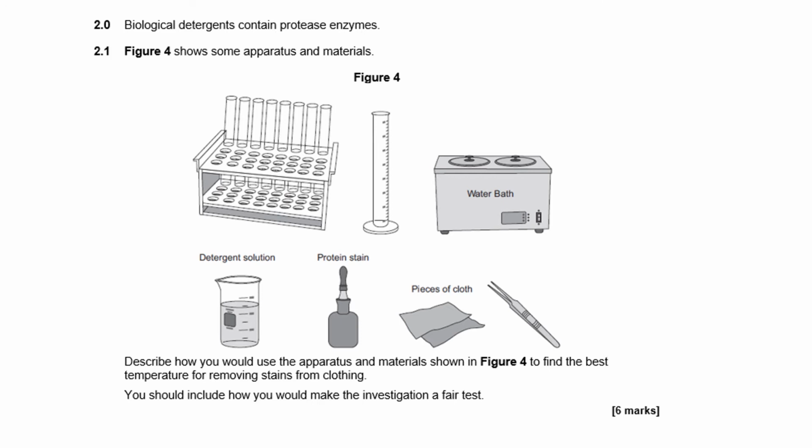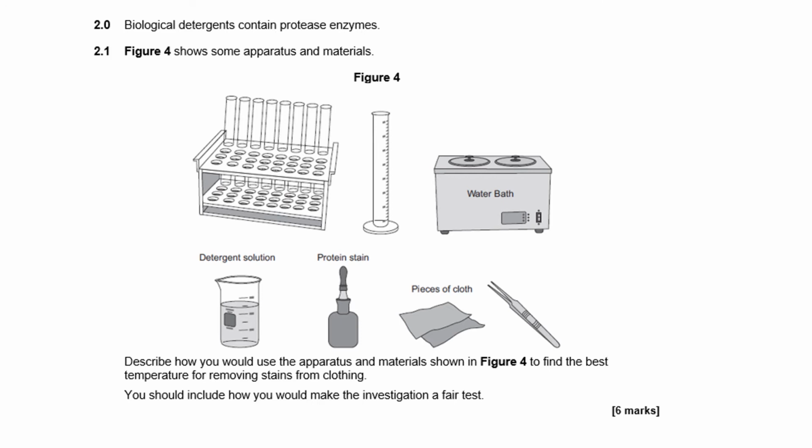Now it's asking as well how you would do it as a fair test. So you're probably going to want to mention how much protein stain you should include, on how many pieces of cloth, how many test tubes you would use for each temperature, how you would use the water bath, and also there's a measuring cylinder, so how much detergent should you use?